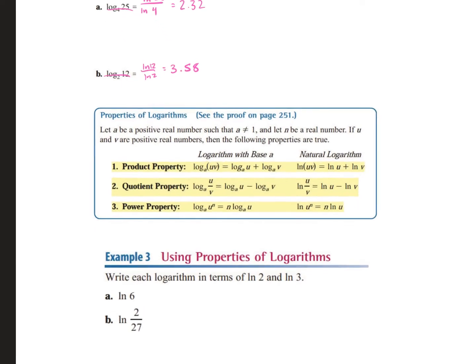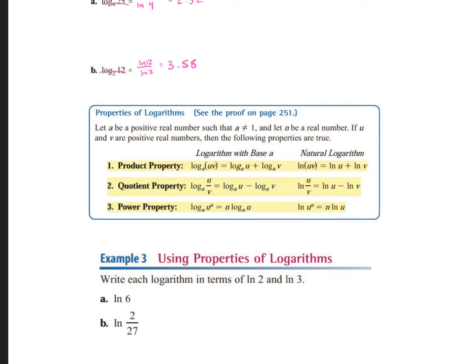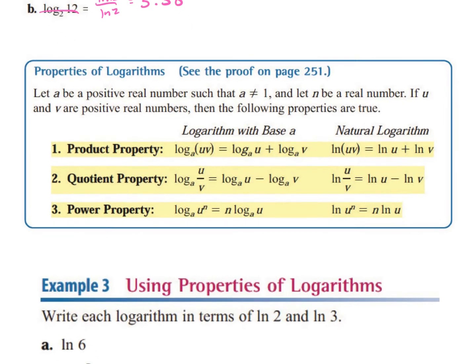All right, next, we can expand and condense log functions by using these 3 properties. When we multiply 2 numbers together, we can split it up with addition. So multiplication goes with addition. If we're dividing 2 logs together, we can split it up with subtraction.